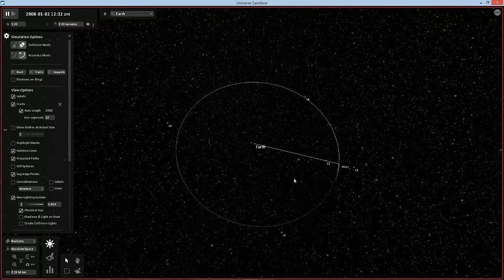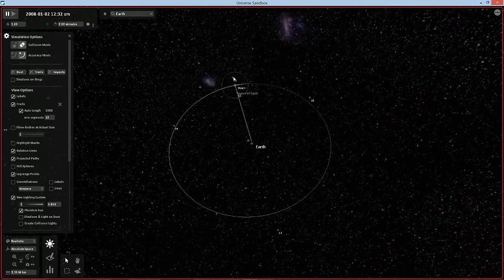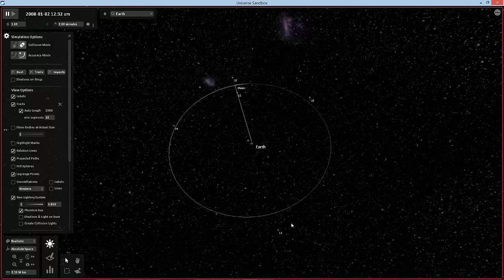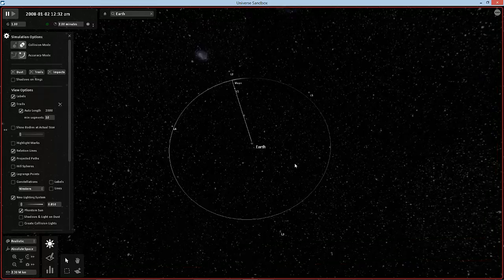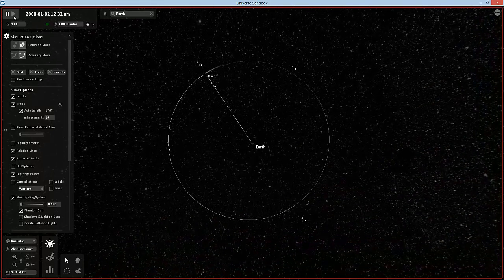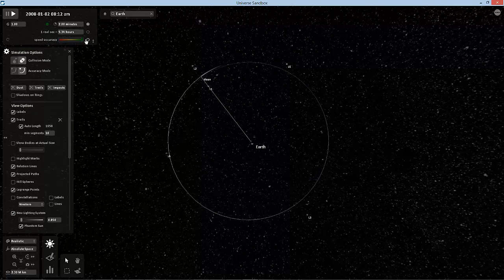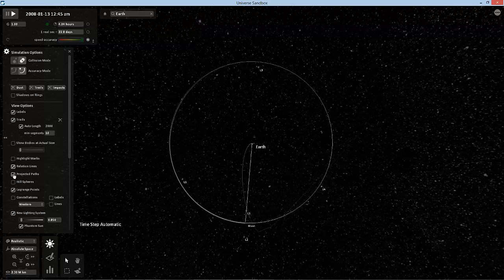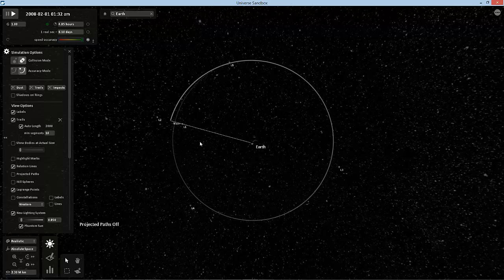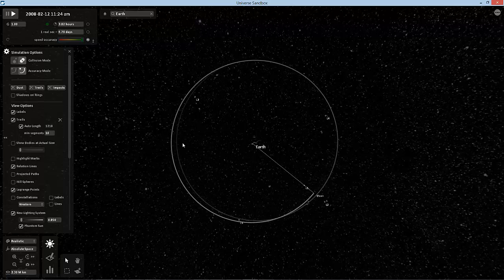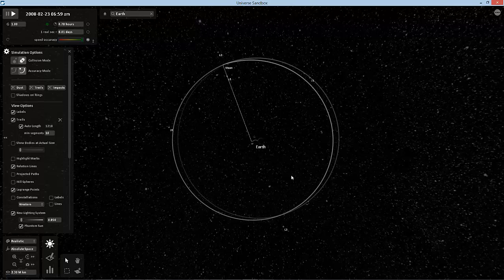L2 is always behind that body. L3 is always behind the central body. Basically, all these points are always at these positions. Of course, they move along with everything, so let's speed this up. And as you see here, it moves along with the orbit.